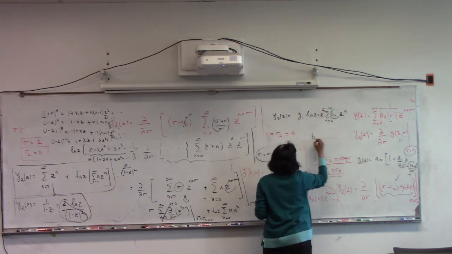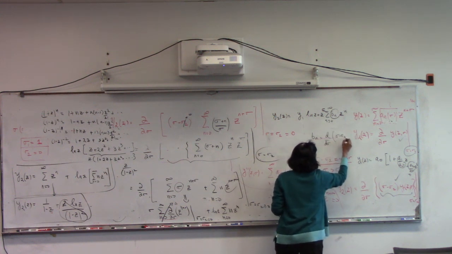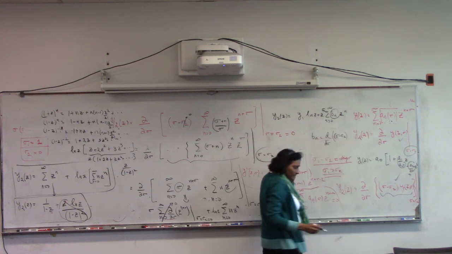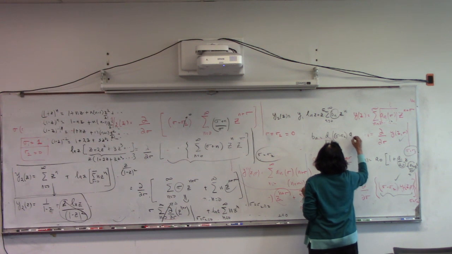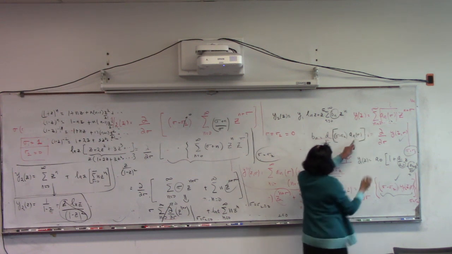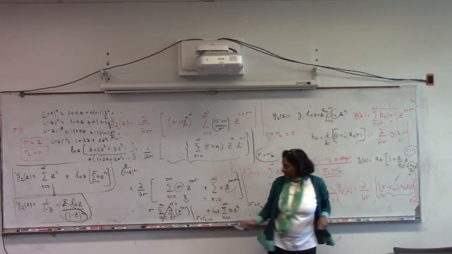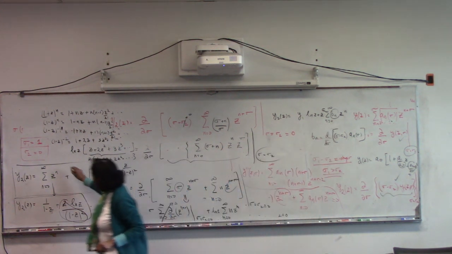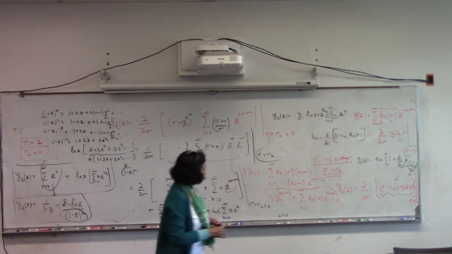The coefficient bn was the derivative with respect to sigma of sigma minus sigma 2 times, what was the other one? An of sigma, right? So we have to calculate that. You have the functional form, you calculate the coefficient, and that would have given you this series. Okay, so you can use either method, it doesn't matter.